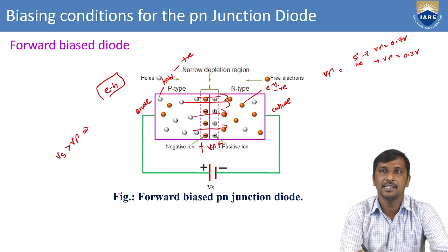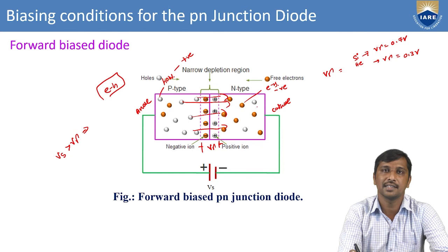Hence, under this forward bias, most of the conduction takes place due to the majority charge carriers. Why? Because the majority charge carriers are repelled from, or diffusing from, one region to the other, that is, the P type to the N side or the N side to the P side. If you consider the P side, the holes are diffusing from the P region to the N region.